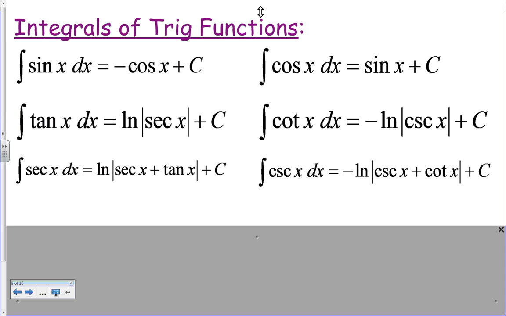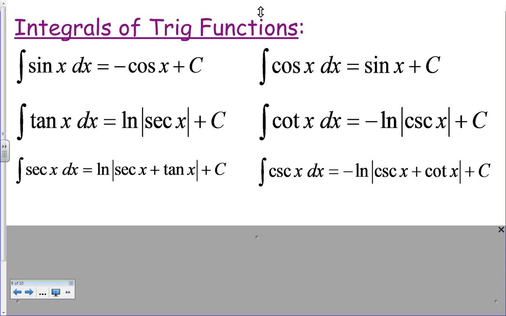I've arranged these in columns like this because we've seen with the rules for derivatives of your trig functions and inverse trig functions, that there's a relationship between the derivatives of sine, tangent, and secant and their cofunctions. Same is true with the inverse trig functions. And the same is true here with the antiderivatives of these trig functions.